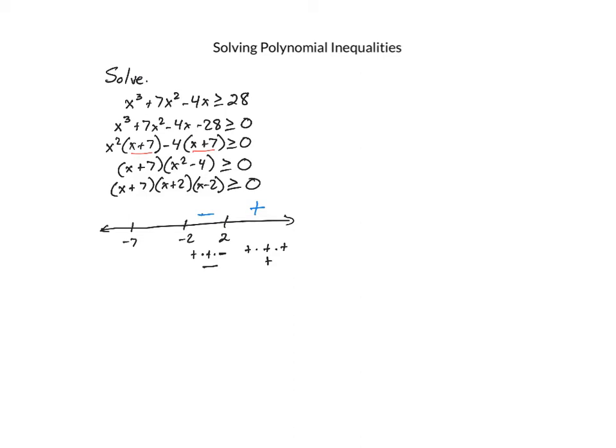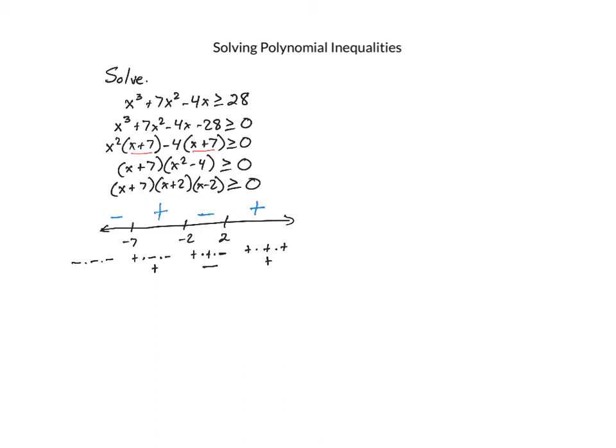Putting -5 into the first factor gives us a positive number. -5 in the second factor gives you a negative number. And -5 in the third factor gives you a negative number. So I would have a positive times a negative, which is a positive. And to the left of -7, we're going to test a number like -10. If we put -10 in, we would have a negative times a negative times a negative, which results in a negative result.